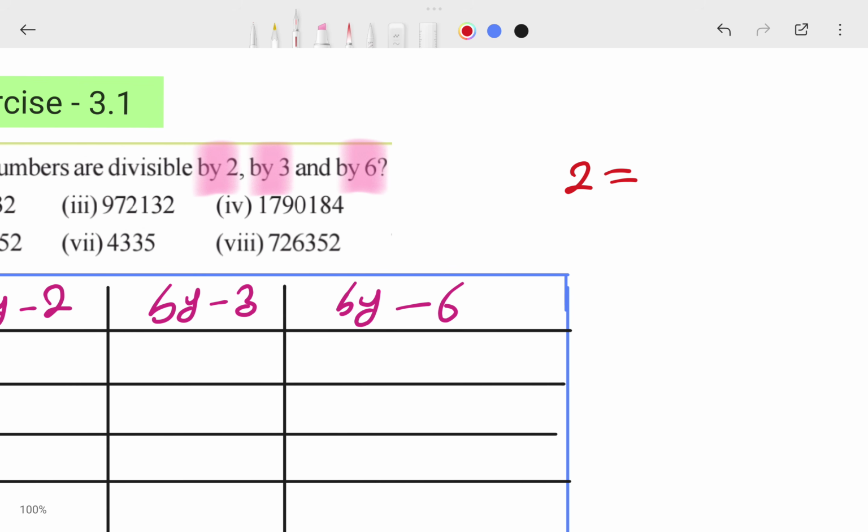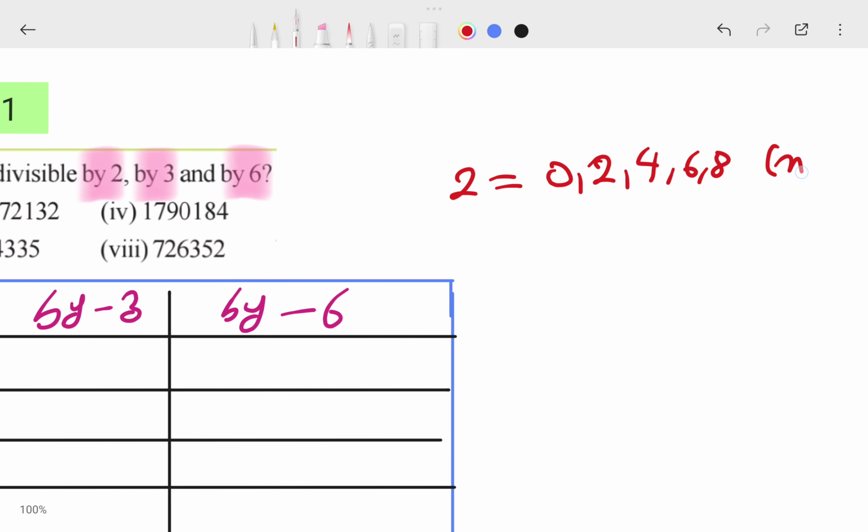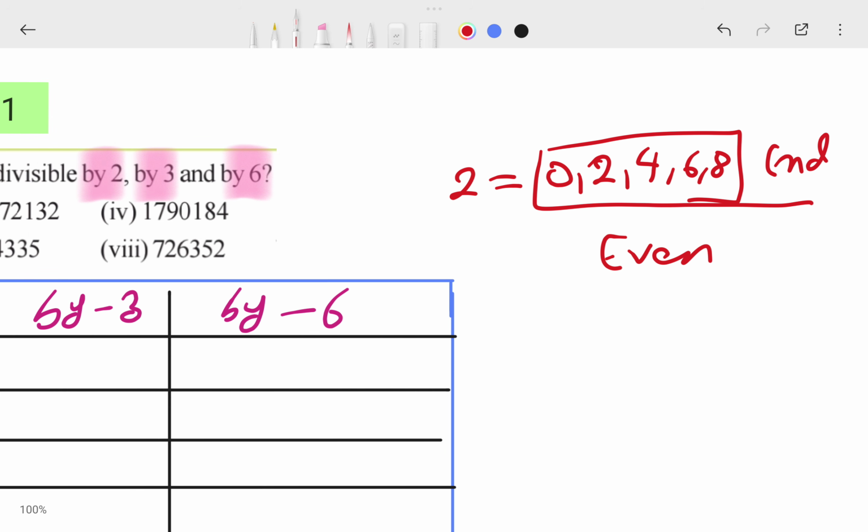In the end of the number, if it is 0, 2, 4, 6 or 8, then that number is divisible by 2. In simple language, if it is an even number, it is divisible by 2.